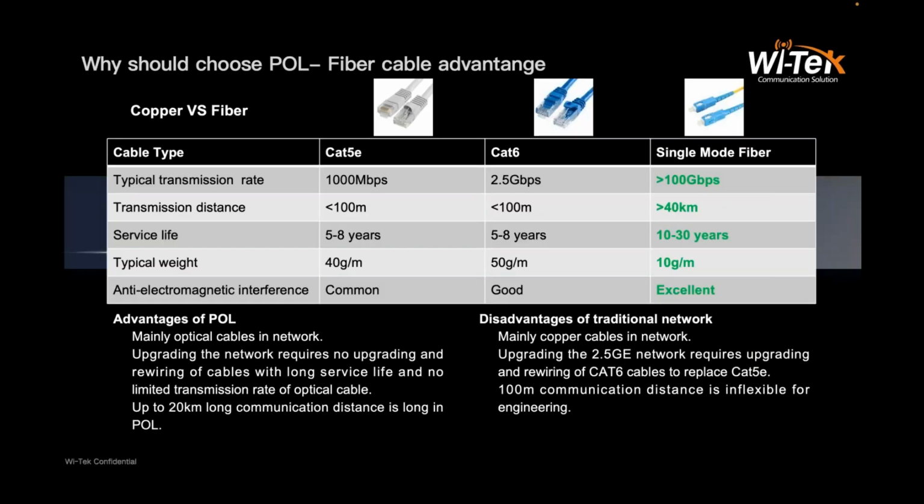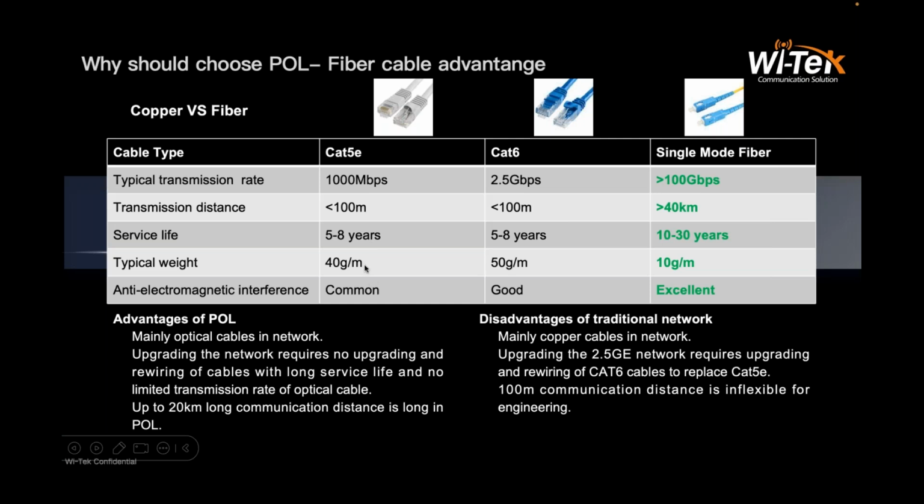Then let me explain more why we should choose POL. First is the fiber cable advantage. As we know, before we mainly used Cat 5e or sometimes Cat 6 for the CCTV market or the WLAN wireless market. Cat 5e has a maximum transmit speed of 1,000 and a distance of only 100 meters, and it can be used for 5 to 8 years.